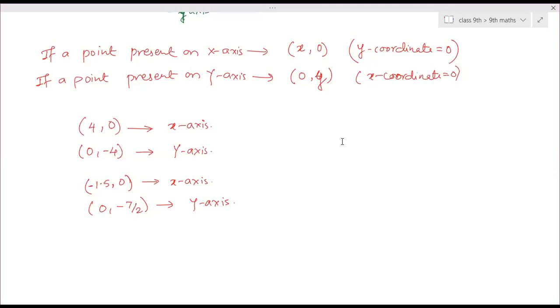Ma'am, whenever we mark any points on the graph, is it necessary that we always form any? I'm not getting anything. Wait, I will call you. Initially it is coming and after that it is not coming. Okay, ma'am, I'll try.